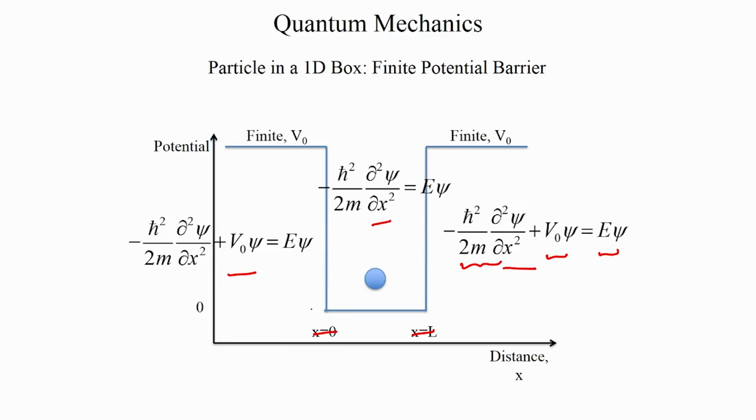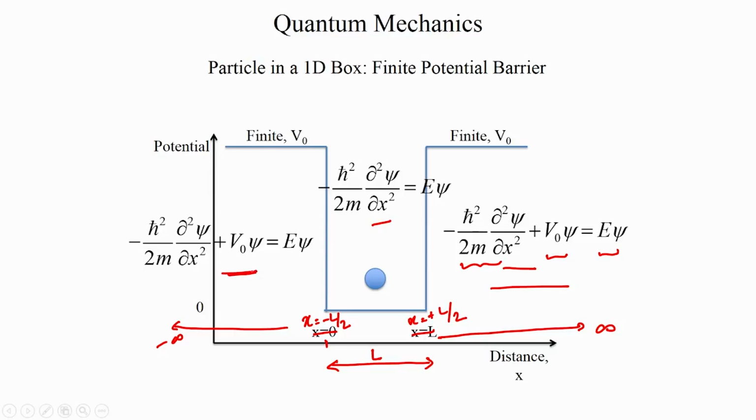We will define the coordinate system to be x equal to minus L by 2 on the left and x equal to plus L by 2 on the right side. Therefore, the box still has a width of L. From x equal to L by 2 all the way till infinity you have this Schrodinger's equation. From x equal to minus L by 2 all the way down till minus infinity you have this Schrodinger's equation.